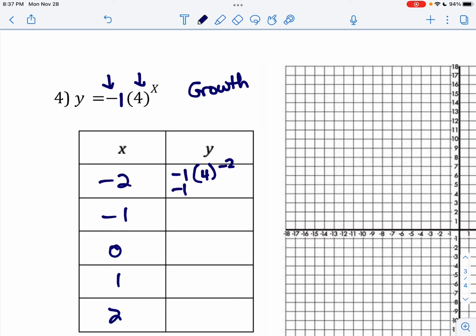It's going to be -1 times 1 over 4 squared. 1 over 4 squared is 1 over 16. So this is going to be -1 over 16.